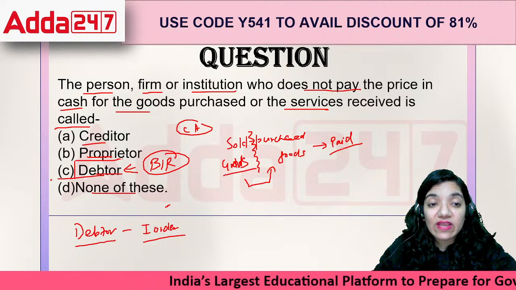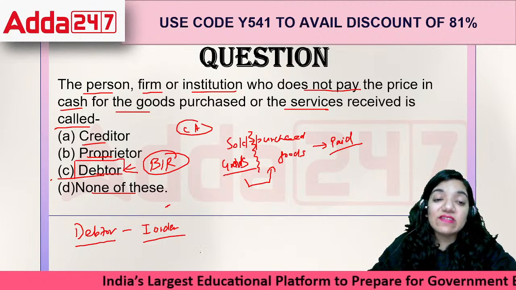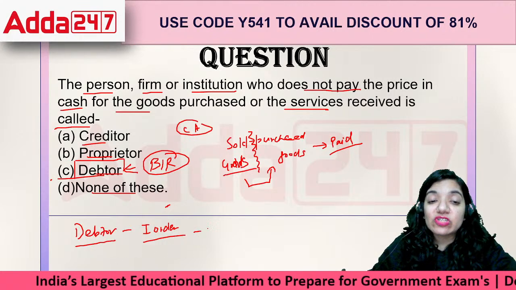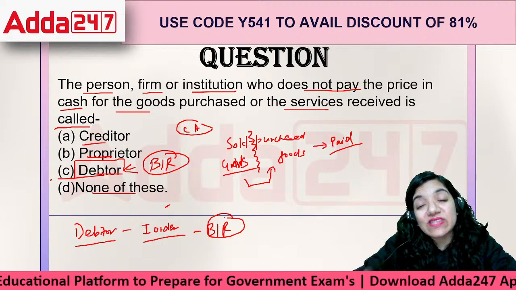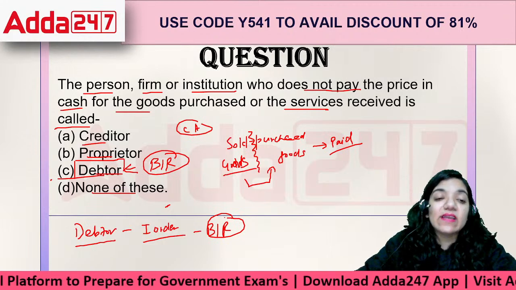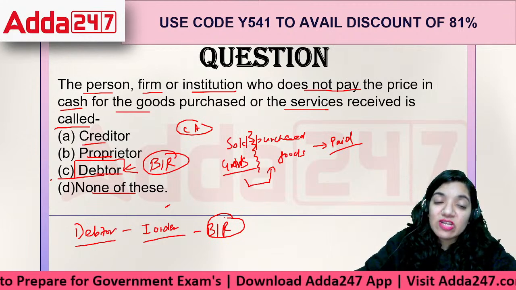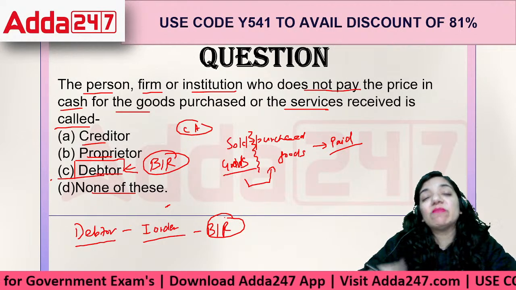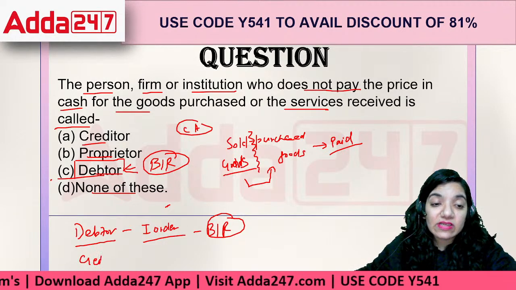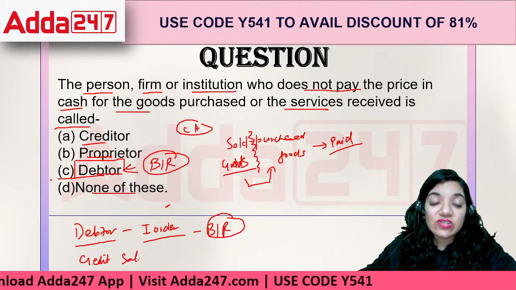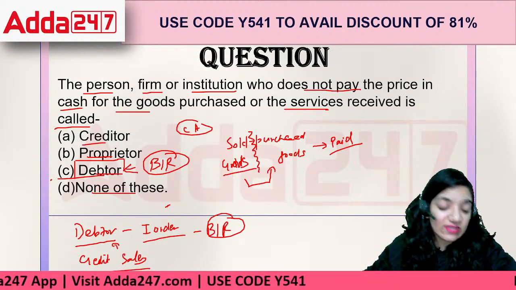That is how they define the term bills receivable. When there is a specific order which is written in nature and the time tenure is also stated, then it is called a bills receivable. Otherwise, in terms of an oral contract, they will be making the payment later on. This is basically what we call credit sales. So if it's just credit sales, then it would be treated as a debtor.